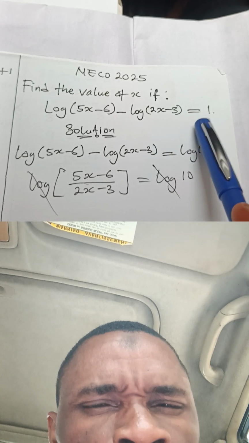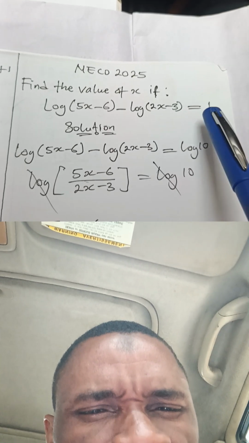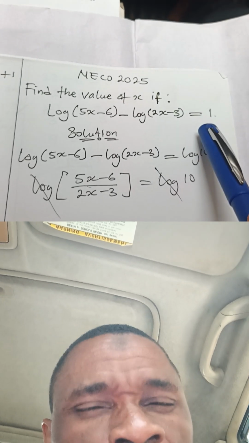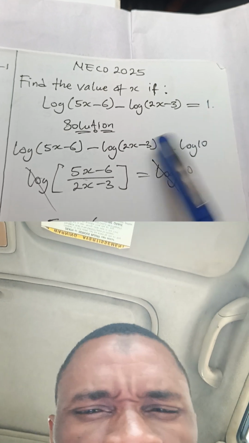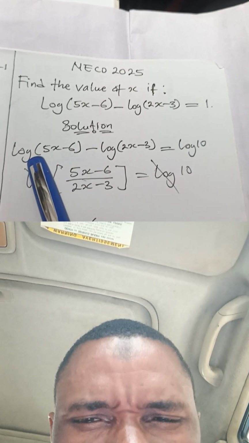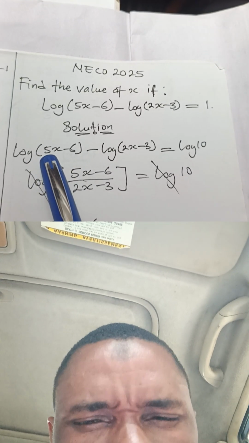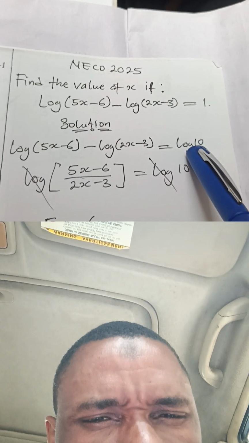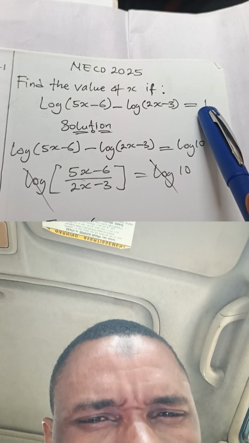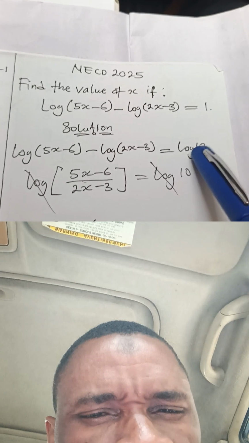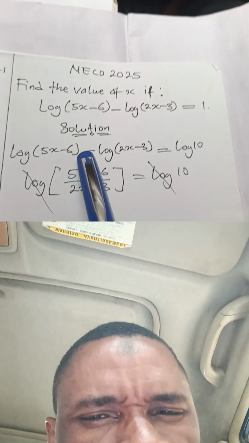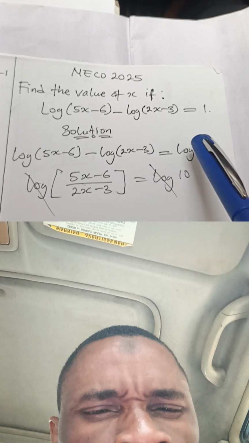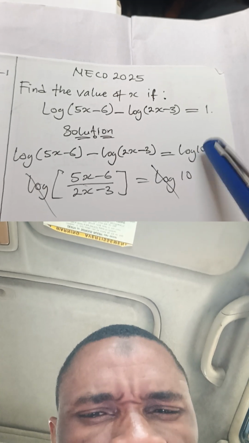Then this will also be log 5 base 5, so it will have the same base and the same value. But this is base 10, so it has to be log 10 base 10. That is why you are going to convert it like this, because this is already in base 10, like I told you earlier. So this will now be log 10.